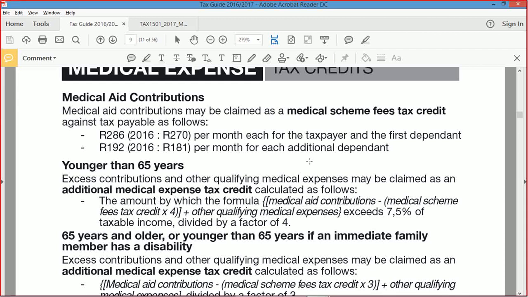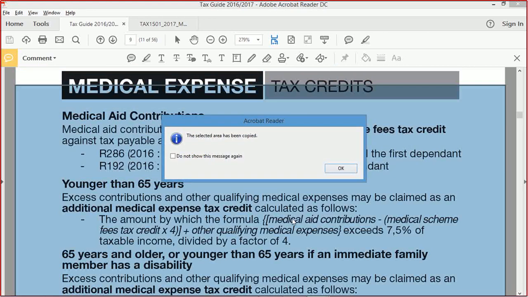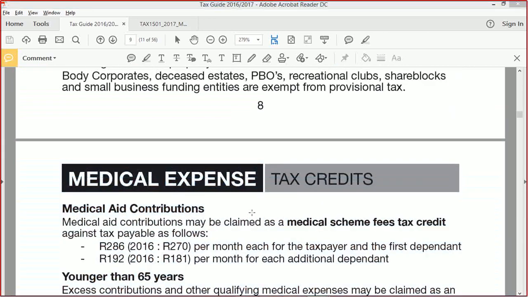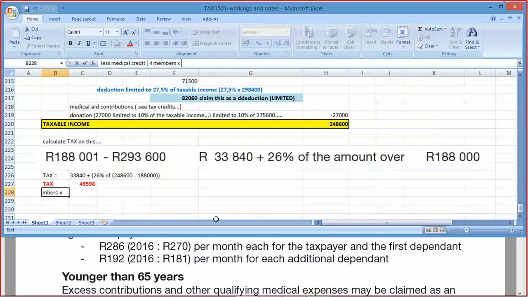Okay, 286 per month for each taxpayer and the first dependent, and 192 for each additional dependent. Yeah, those are the right ones that we look at, because these are the contributions. Okay, so 4 members. Actually, let's do it this way, because you've got kids.